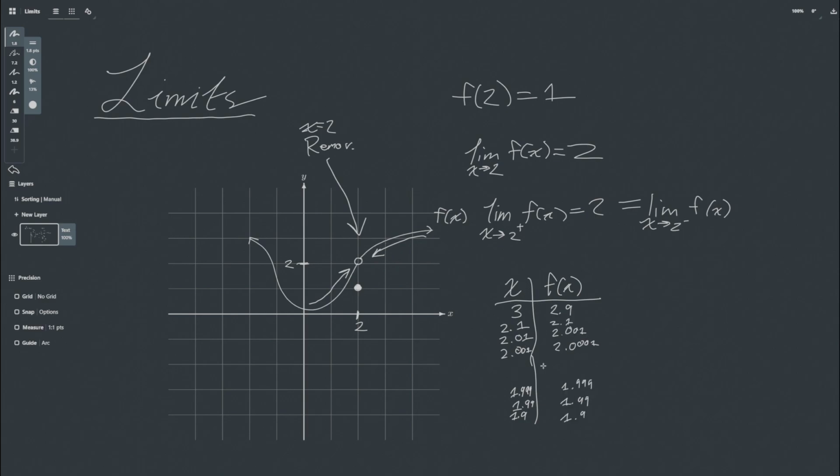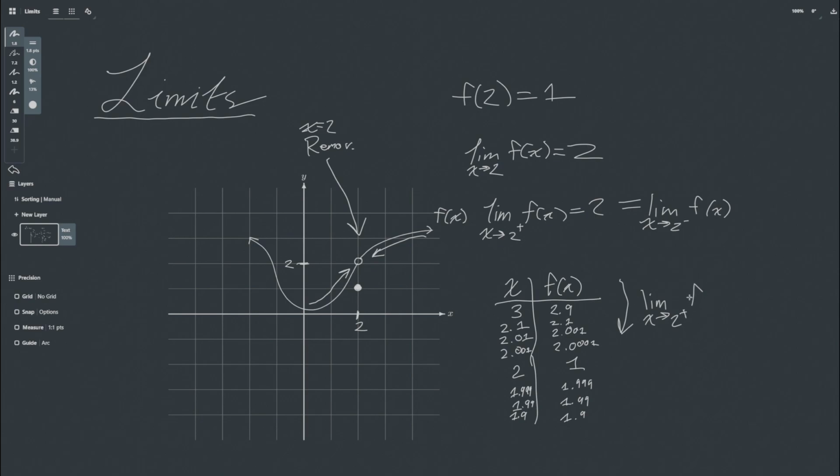Okay, so now that we have this table of values, I can also just plug in the actual x value of 2, which is equal to 1, again because of this point. But if we look here, we're coming from a greater x value down to 2, so this side would be the right-sided limit, because we're coming from the right of the x-axis to the left.